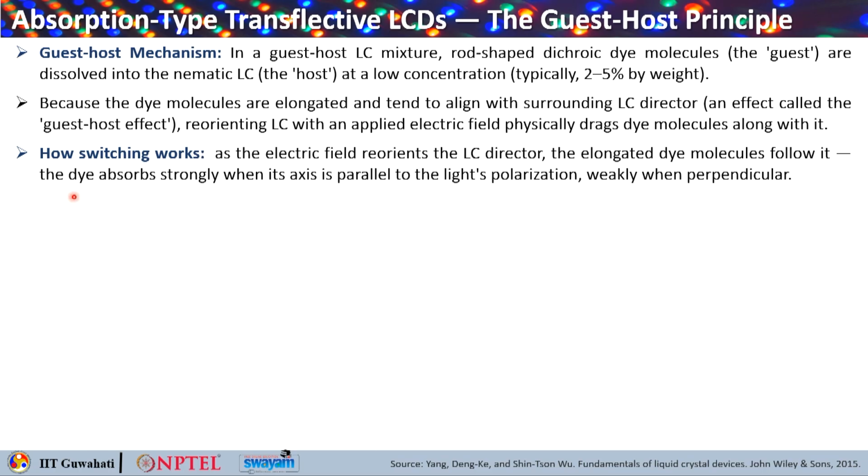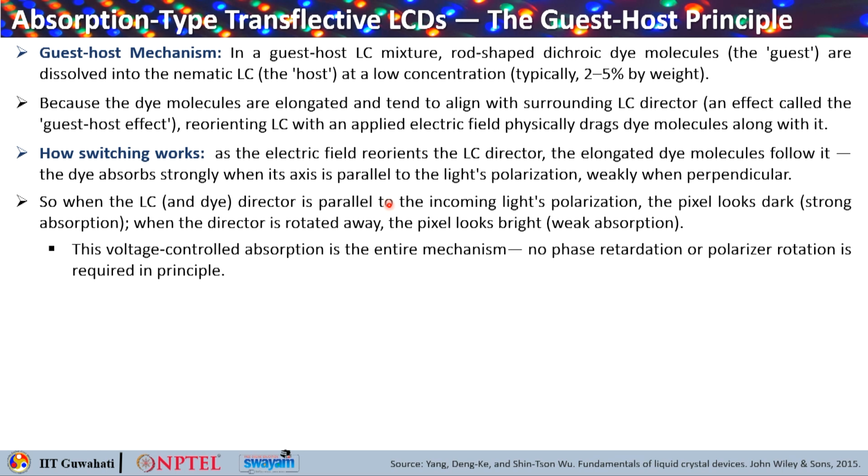So this dye basically absorbs strongly when its axis is parallel to the light's polarization, and it absorbs weakly when the axis is perpendicular to the light polarization. So you actually see a voltage controlled absorption in this entire mechanism, and no phase retardation or polarizer rotation is required in principle.